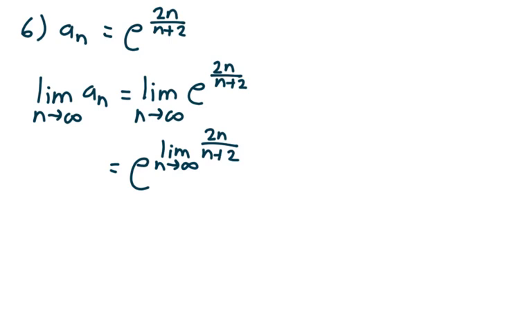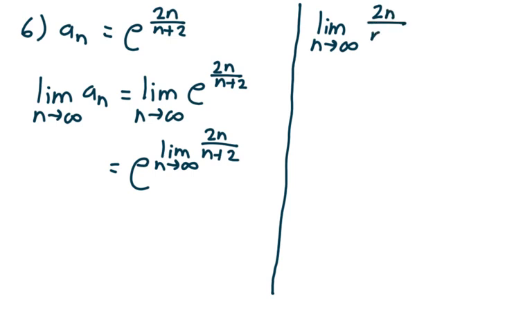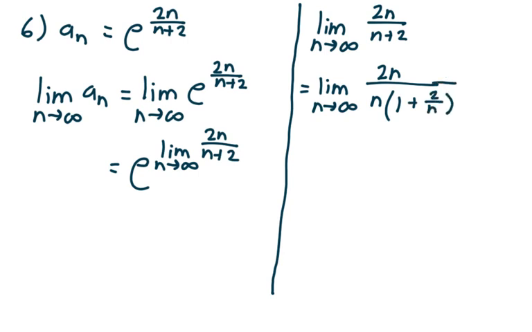Now, let's come off to the side here. If we look at the limit as n goes to infinity of 2n over n plus 2, this is the limit as n goes to infinity of 2n over, I'm going to factor out an n from the denominator, n times the quantity 1 plus 2 over n. Now, these n's cancel.